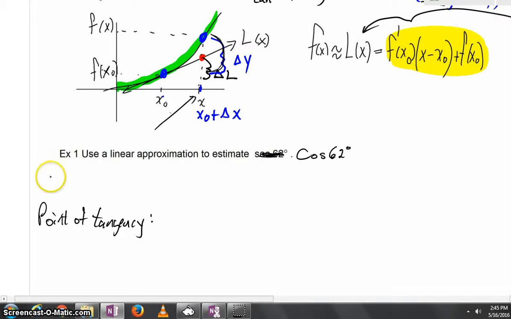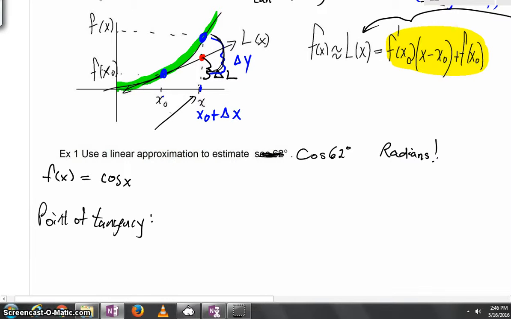First of all, we need f of x. F of x is the function at hand. I hope it's pretty obvious what function we're dealing with in this problem. Guess what f of x would have to be? Cosine of x. By the way, here's the other thing that we really need to be aware of.